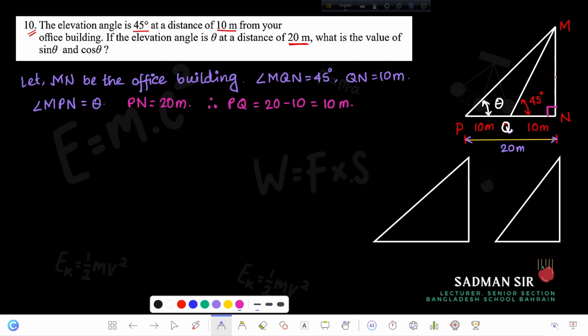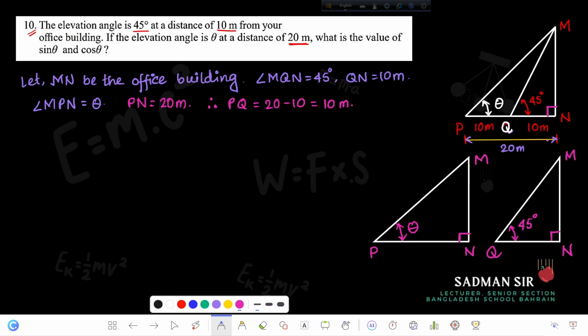This one represents the smaller one, that is MQN. So let us write M, this is Q, and this is N, and this bigger triangle represents the bigger one, MPN. So this is again M, this is P now, and this is N. So MN is common in both of them. This is 90 degree, 90 degree, and the angle in this case will be theta, and in this case it is 45 degree.